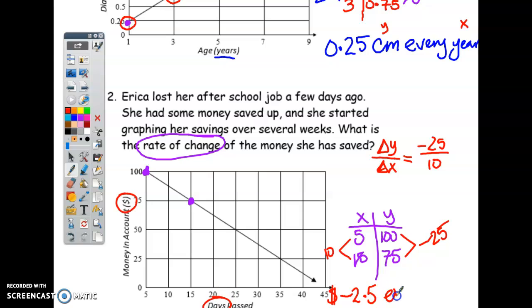So every day, she is losing, right? $2.50. You need to add a 0. Every day, she is losing, or she is spending $2.50 every day. Okay, that's what the slope means in this situation.